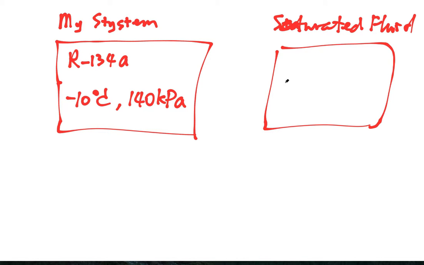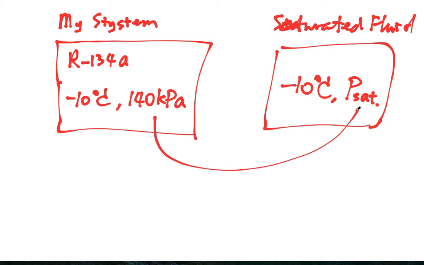Let's say the saturated fluid has a temperature of negative 10 degrees Celsius, and it should have a corresponding pressure, P sat. So we first find the saturation pressure for the saturated fluid system, and then we do a comparison between these two. Based on the outcome of that comparison, we can tell what phase my system is in.